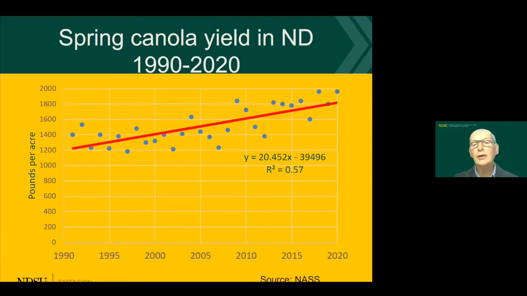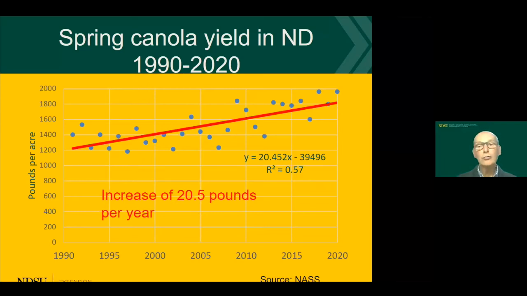So you can see that the yields vary from year to year, but there's a nice trend line. And if you look here at the formula, you can see that there is this Y, and then there is an X, and there's a 20.45, which means on a yearly basis, we have seen that the yields have been increasing around that 20.5 pounds per acre.